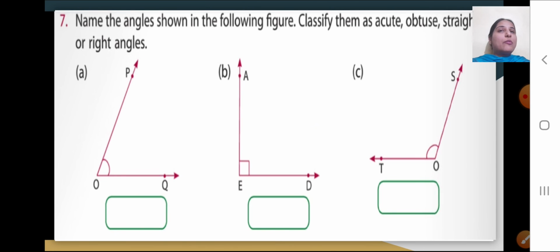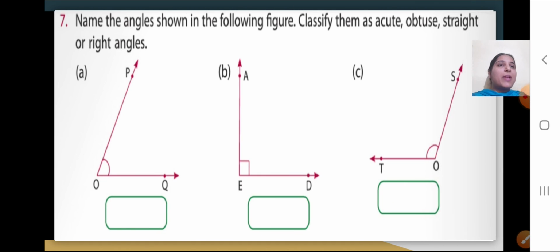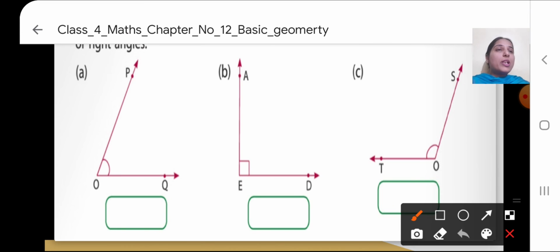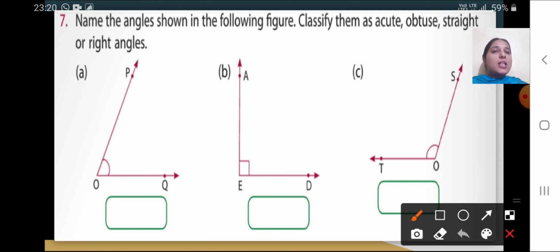Here you have to write the name of the angles shown in the following figure, and then you have to classify them as acute, obtuse, straight or right angle. So figure number A, can you tell me which type of angle it is? Yes, because this is smaller than a right angle, so this is an acute angle, isn't it children?